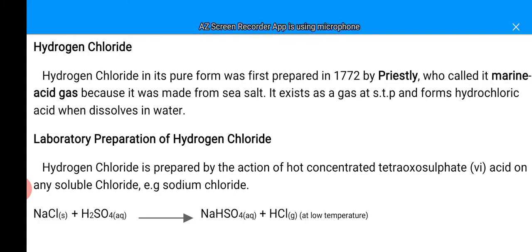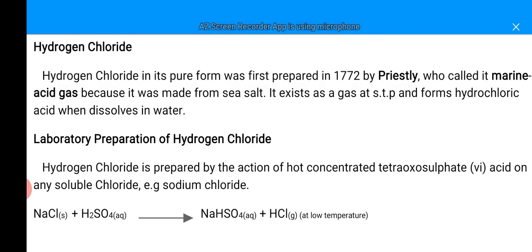We have looked at the discovery of chlorine, its laboratory preparation, its electronic configuration, its industrial operation and physical properties, chemical properties, how it can be tested for, its uses. Here, this is one of the compounds of chlorine, hydrogen chloride.